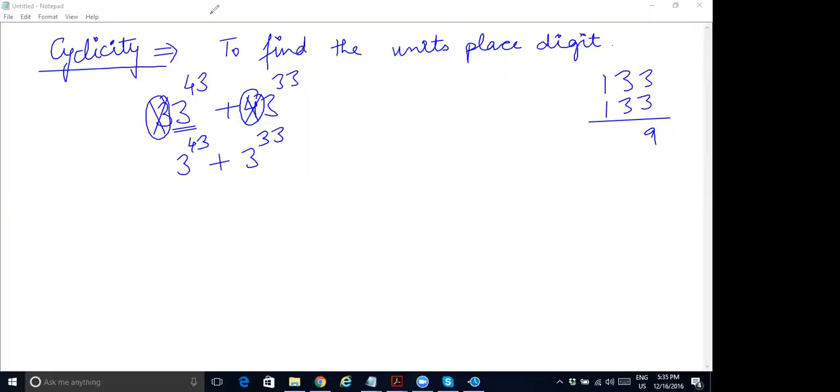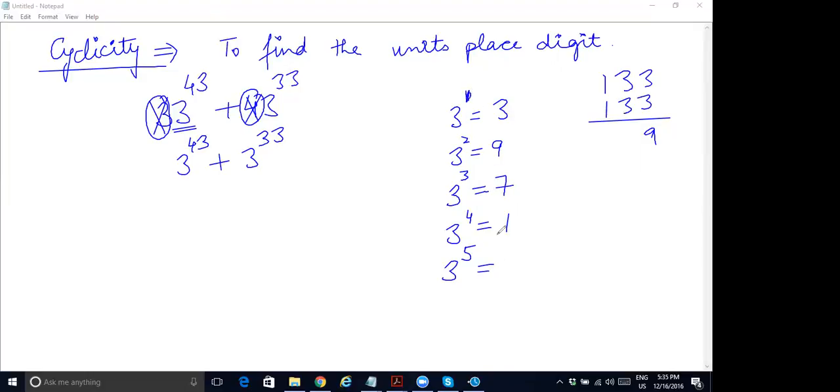Now, how can this question be solved? 3 to the 1 will give you 3. 3 to the 2 will give you a units place digit of 9. 3 to the 3, very good, and 1 will come only when it goes to 3 to the 4.